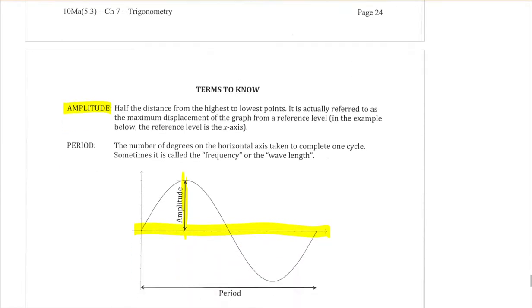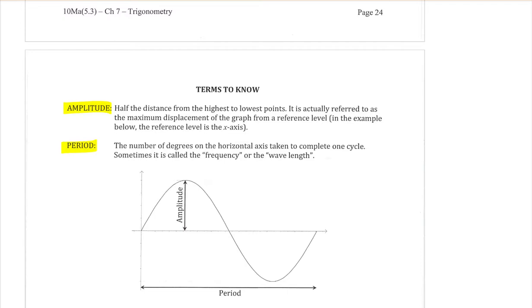The next word that you need to know is the word period. It is the number of degrees on the horizontal axis taken to complete one cycle. It is sometimes called the frequency, or in science you'll hear it called the wavelength.